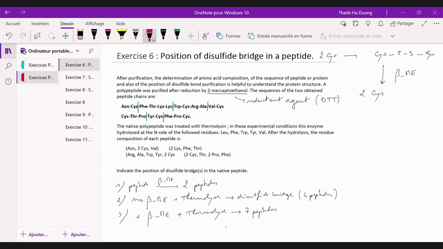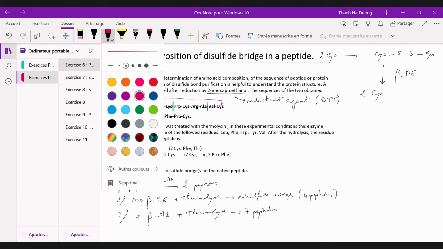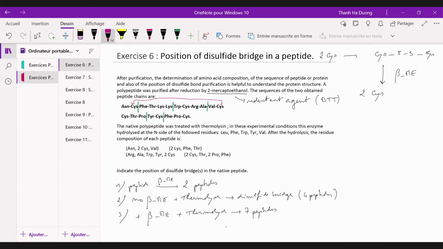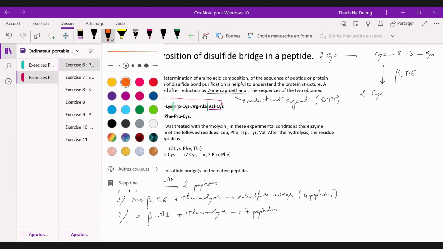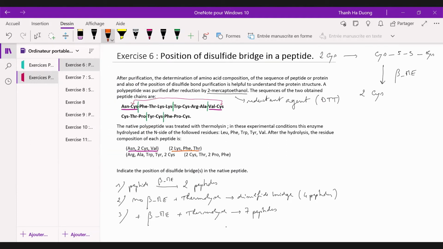It means that this cysteine should be linked to this other cysteine. Okay? So you can obtain this peptide, which corresponds to this one. This one corresponds to this one. There's no disulfide bridge.